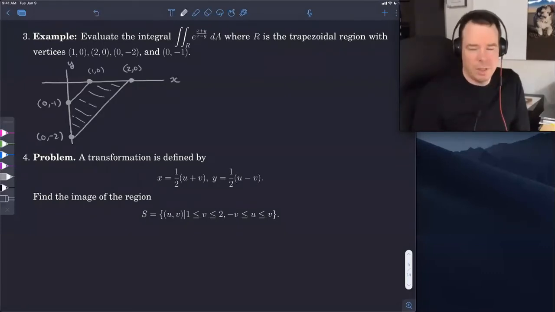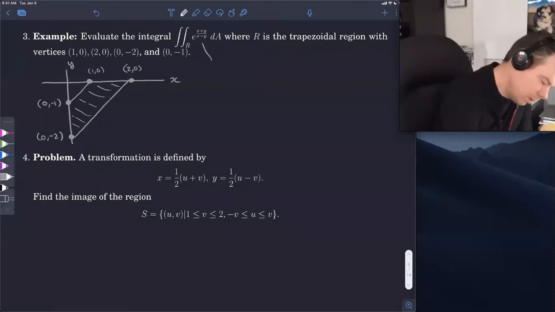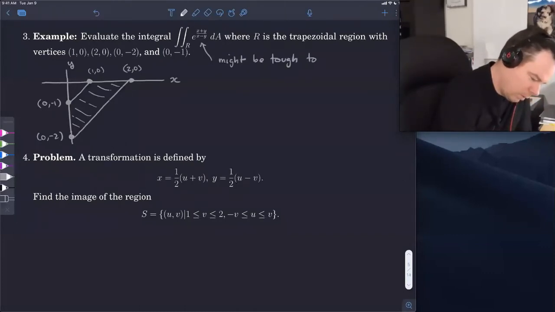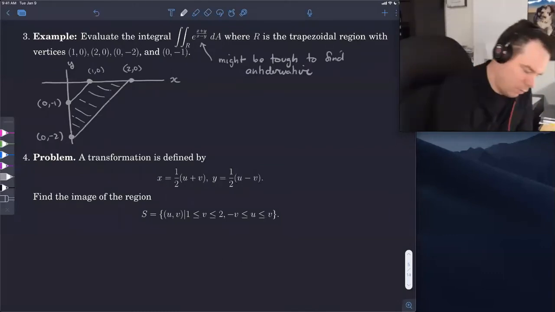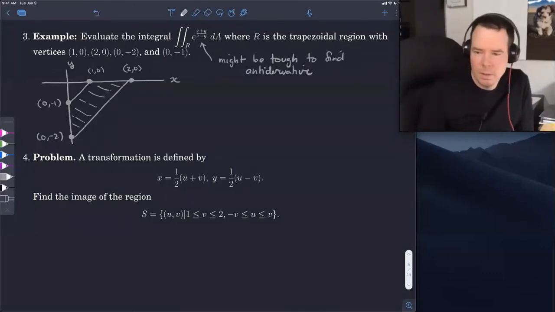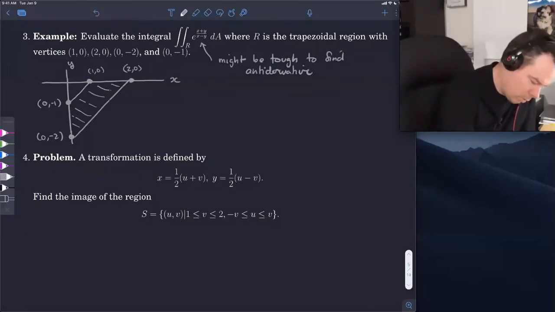Now there's going to be a couple of challenges here. One of them is the integrand is e to the (x plus y) over (x minus y). That looks to be a bit of a problem. It might be tough to find the antiderivative. That's one thing that we need to be aware of, regardless of whether we do an x or a y first.